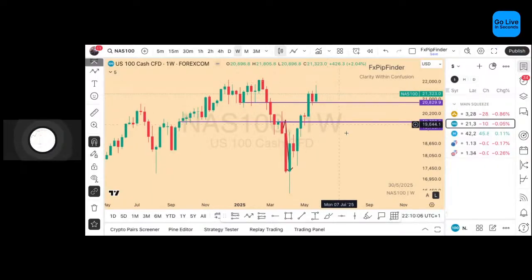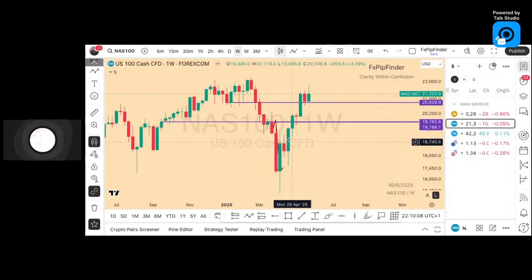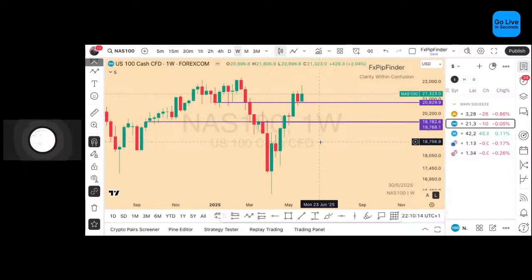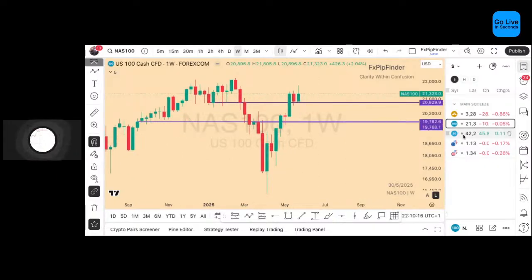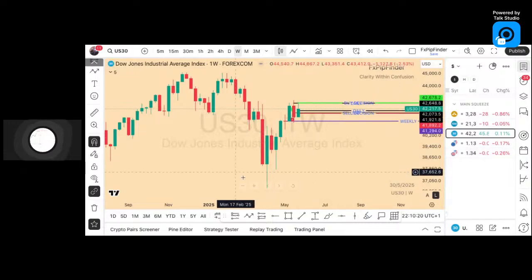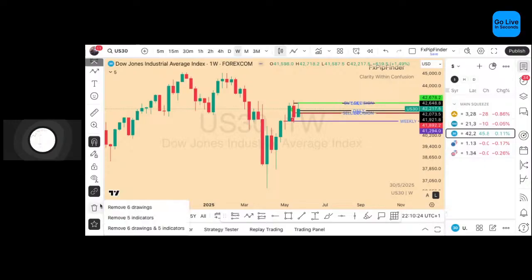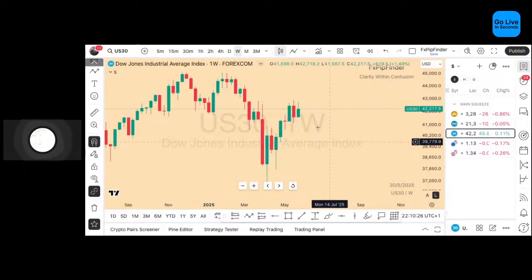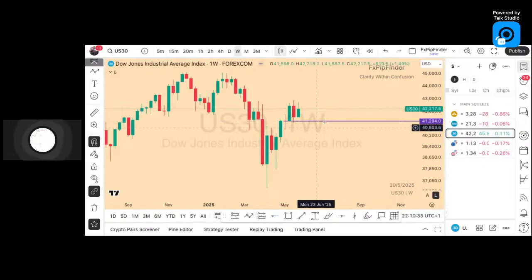When I am setting up my charts and my trades for the week, I look at the higher time frames and then I take my cue from there. Let me give you an example from the last couple of weeks with US 30. This was last week, this was 2 weeks ago, and 3 weeks ago, this is what I saw.